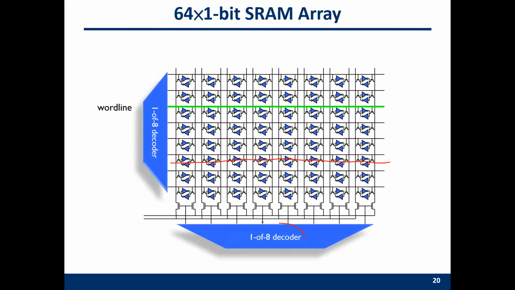We can also add a mask here. This mask is also a decoder. So we can select maybe only one bit here and read only this one bit out. In this way, we can control this array in a fine-grained style. We don't have to read all the data in one row. We can select several bits.